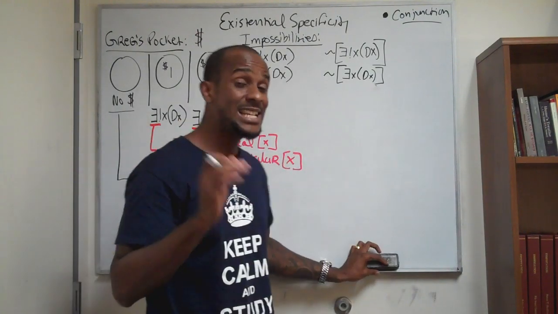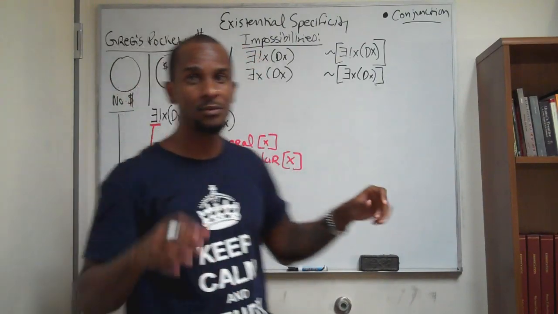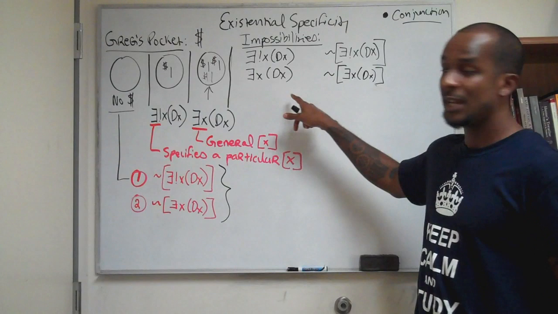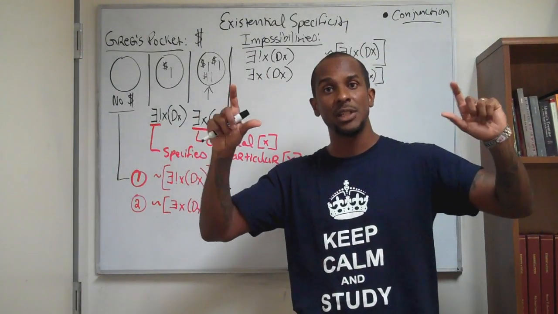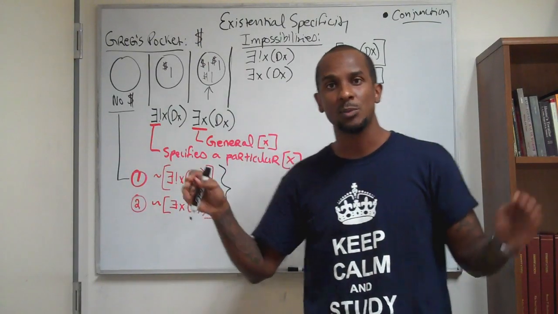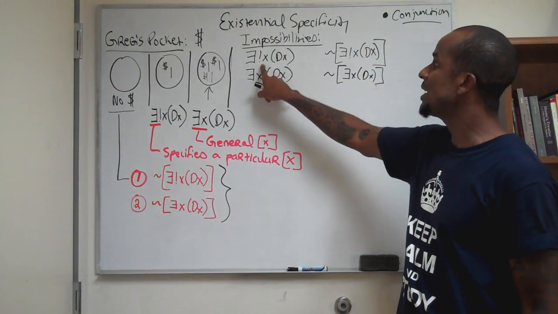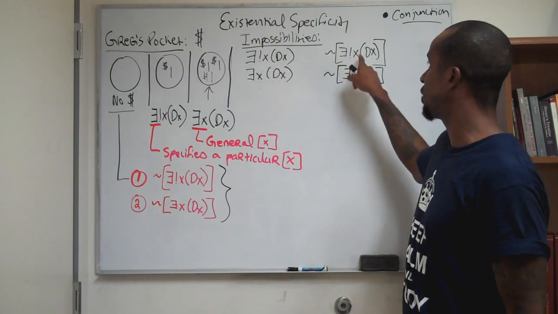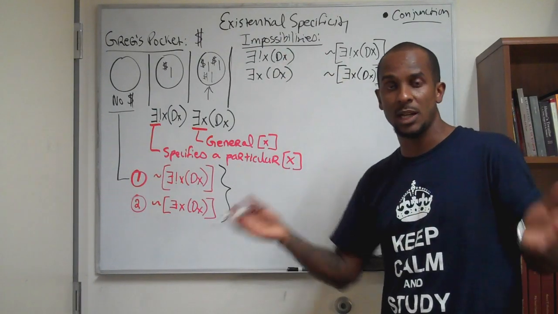So we recognize that the easiest way to identify contradiction, the logical impossibility of the state of affairs of Greg's pocket with respect to his dollar, is to look for instances where we use A and not A as our template for contradictory existence, something that's impossible. And we recognize immediately that across from each other we have a very unique existence of a very specific dollar, and then just the opposite, the denial. To conjoin both of these would lead to a contradiction.